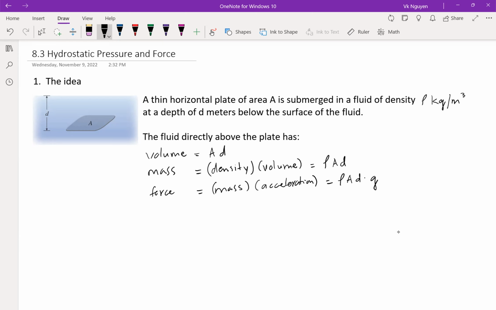We define the pressure on the plate to be force per unit area.